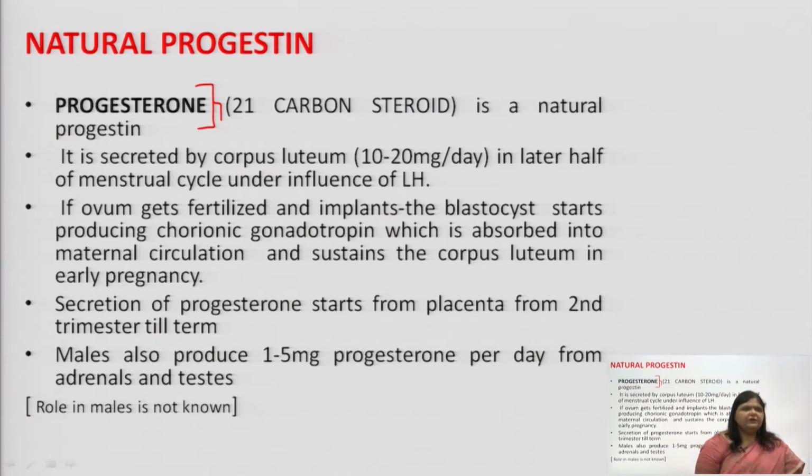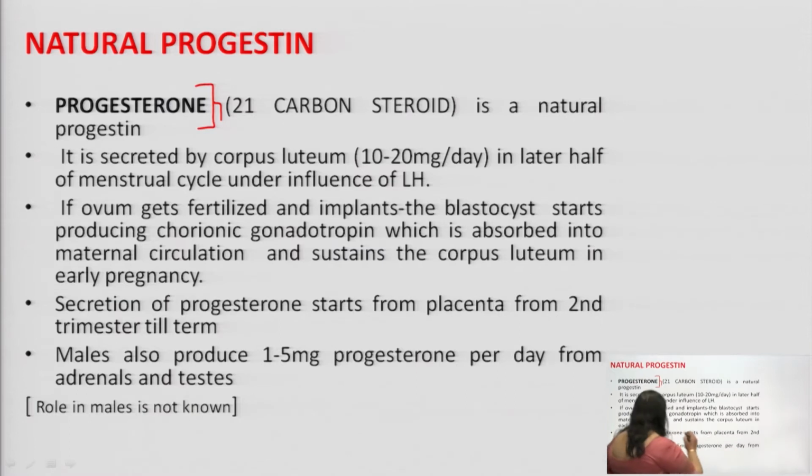Now, if the ovum gets fertilized, it implants itself, and the blastocyst is formed. It starts producing another hormone called chorionic gonadotropin. This chorionic gonadotropin is absorbed into the maternal circulation, and this sustains the corpus luteum in the pregnancy.